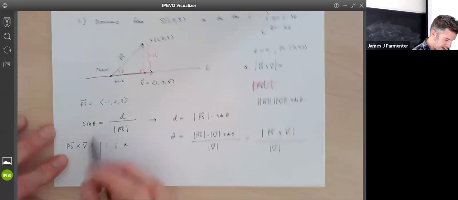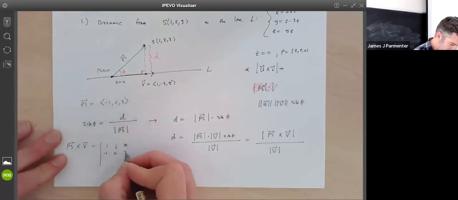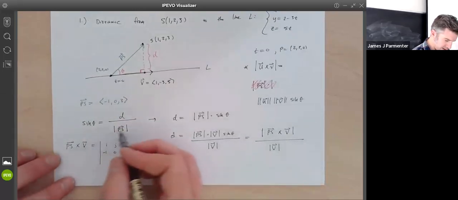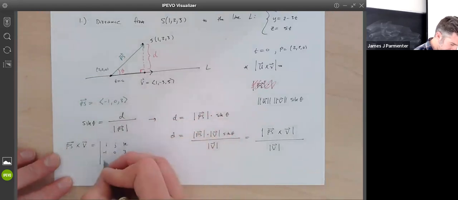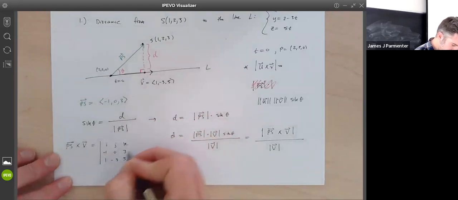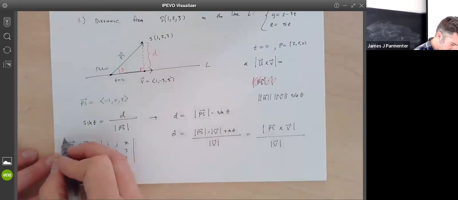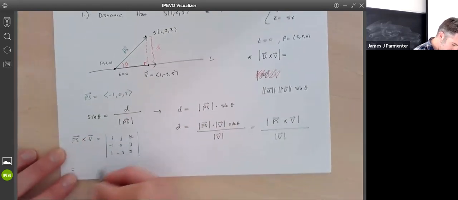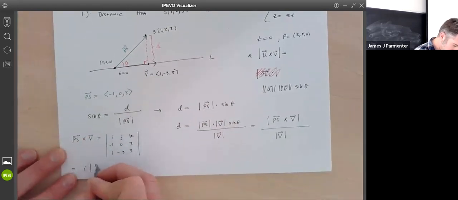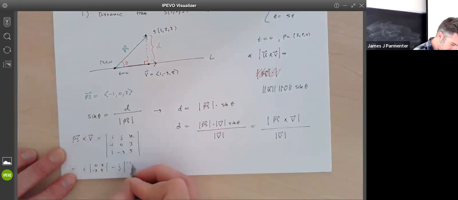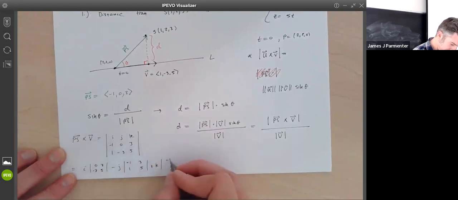It's going to be i, j, k. PS is -1, 0, 3. V is the vector 1, -3, 5. Running out of room. So this is going to equal i times this matrix determinant, minus j times the determinant of -1, 3, 1, 5, plus k times the determinant of -1, 0, 1, -3.